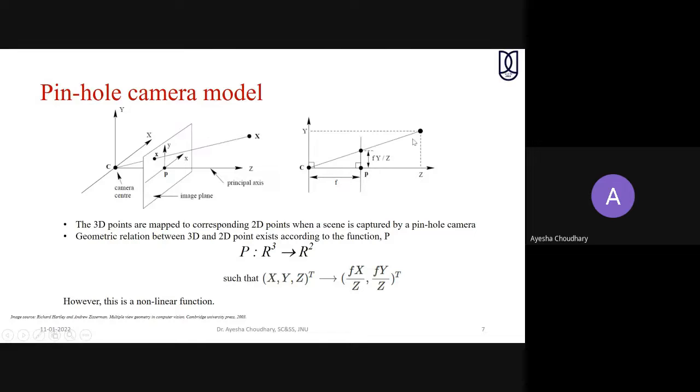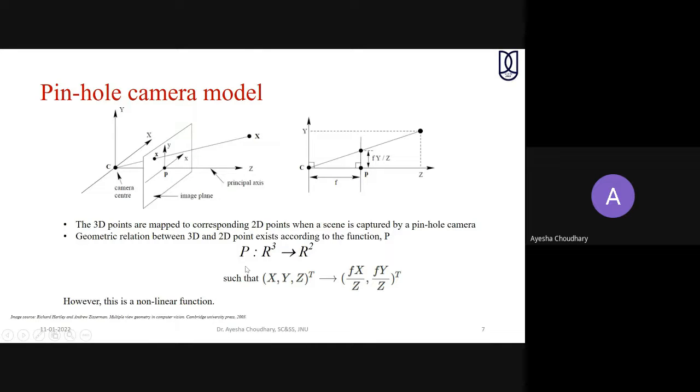If we use similar triangles, then we can find a relationship between the 3D point, capital X, and the 2D point, small x, in this form, where f is the focal length, right? So this is how the geometric relation between the 3D and 2D point is captured.